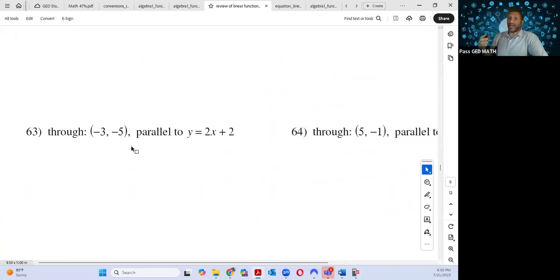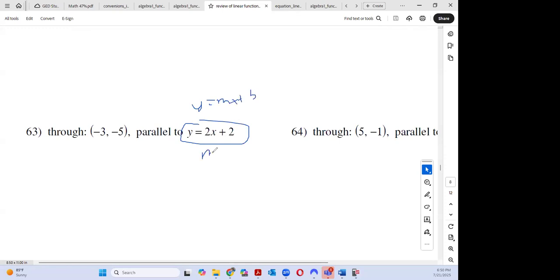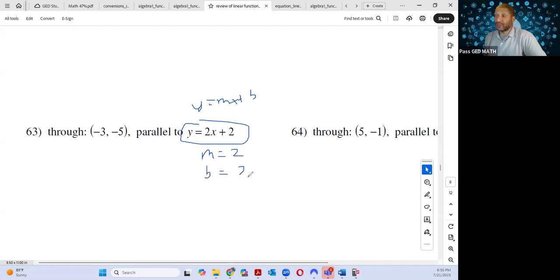What is the equation of the line that passes through (-3, -5) and is parallel to y equals 2x plus 2? Oh, that's slope-intercept form. My slope is 2. My y-intercept is 2. Any line that's parallel to that line has slope 2.